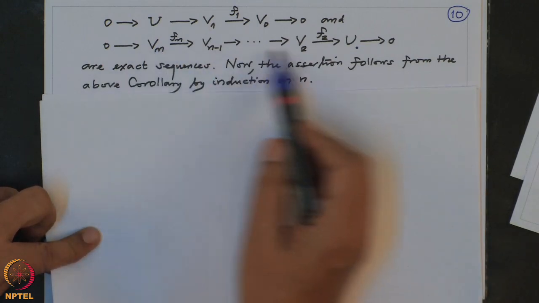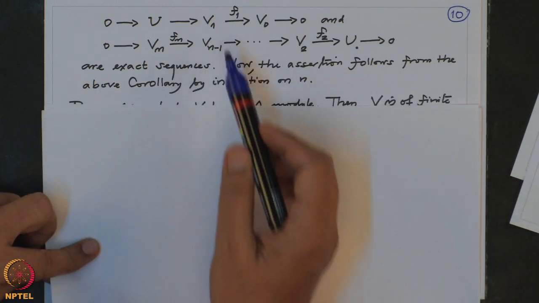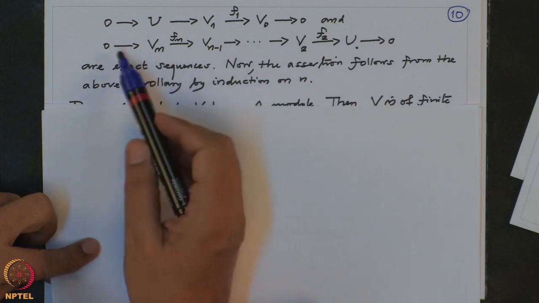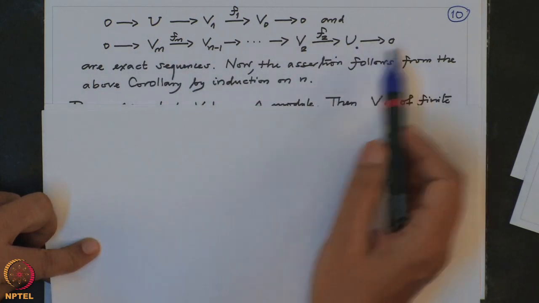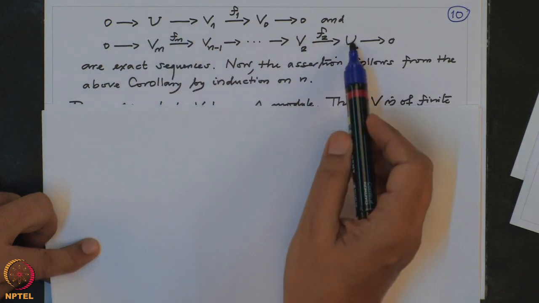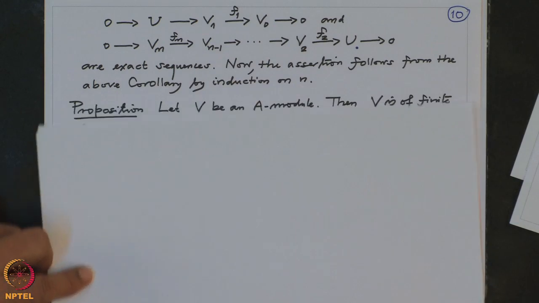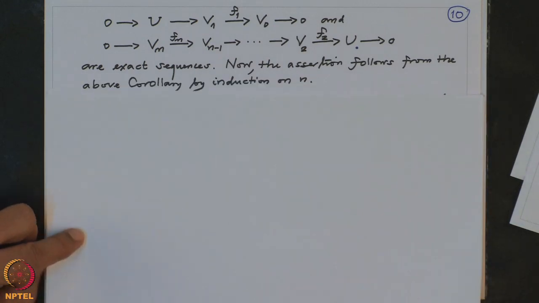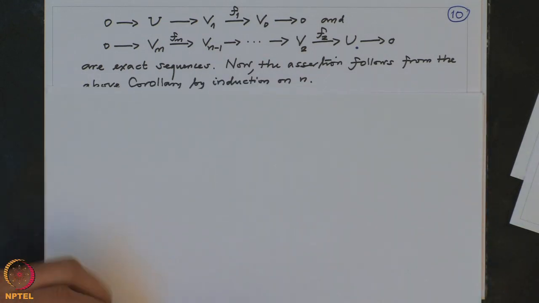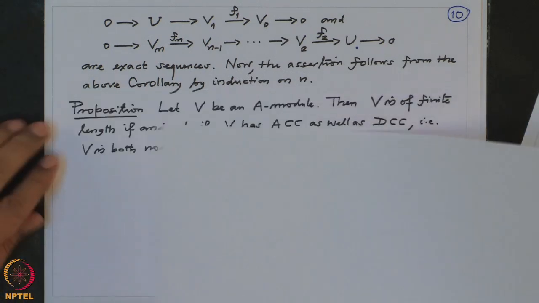Now I can apply the induction, and therefore the assertion follows by the above corollary, because for this the alternating sum is 0, and for this I will replace the length of U by the alternating sum coming from here. So, the assertion is clear by induction on n.